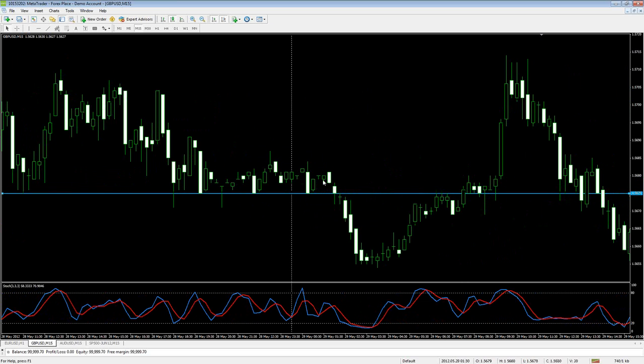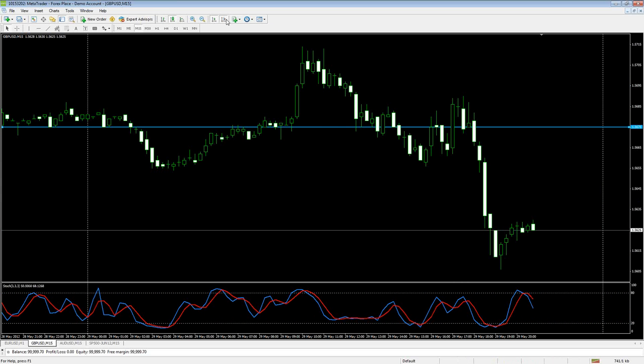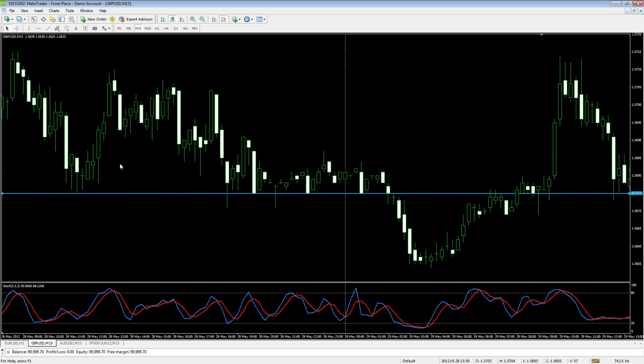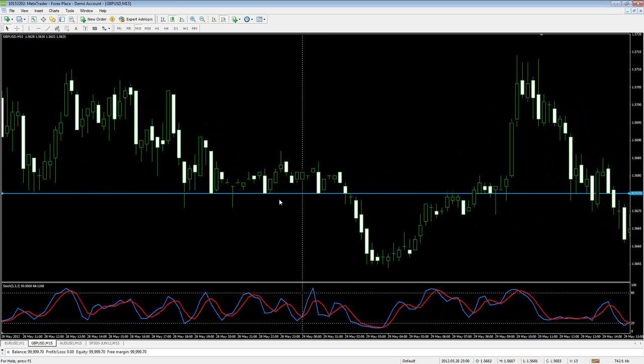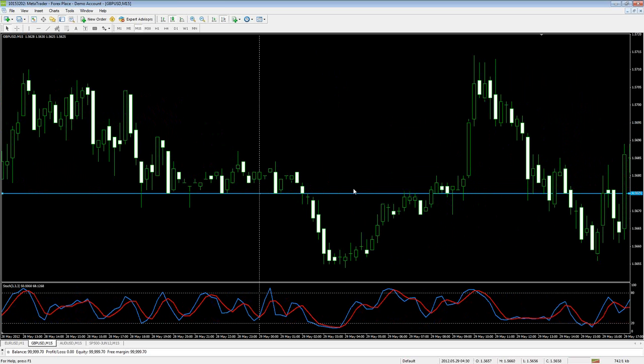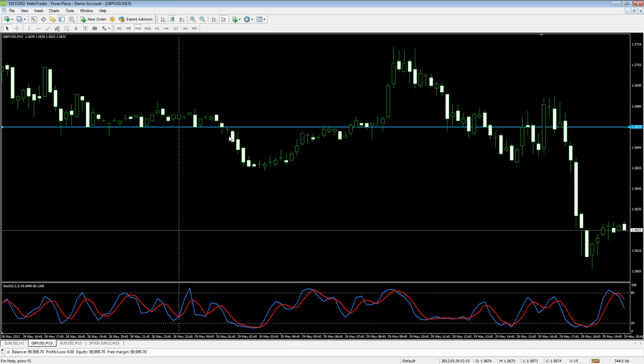Usually and eventually, the demand around this area disappears, and sellers find more. There's more supply than demand, and eventually the price closes below the support line.